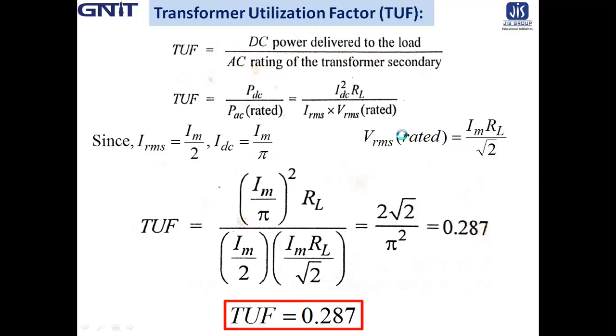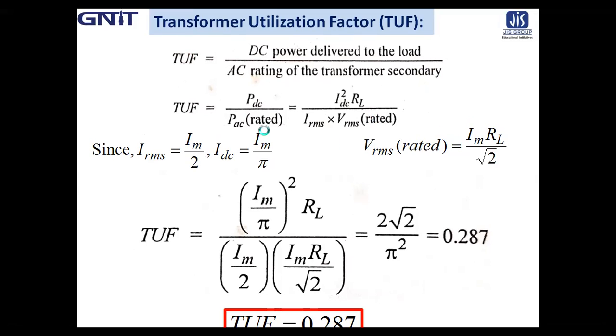For the calculation of TUF, we are using the secondary winding of the transformer. It is defined as the ratio of DC power delivered to the load to the AC rating of the transformer secondary.